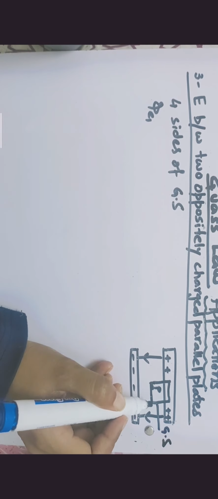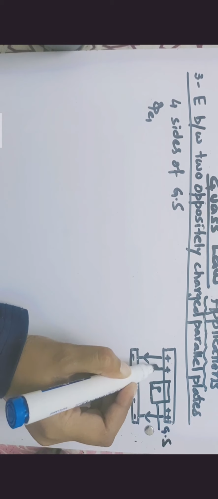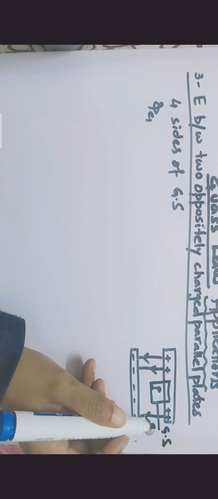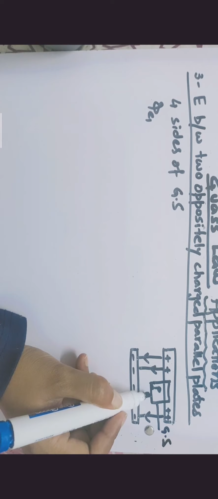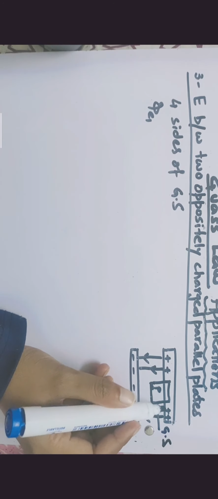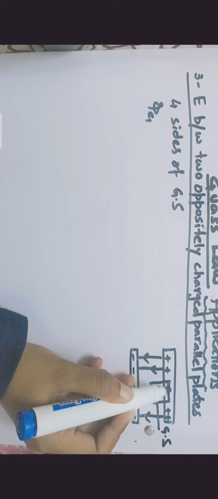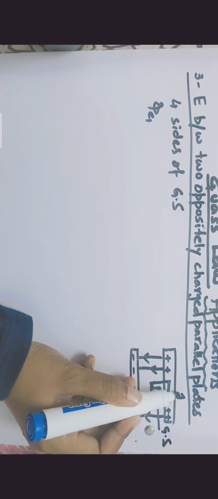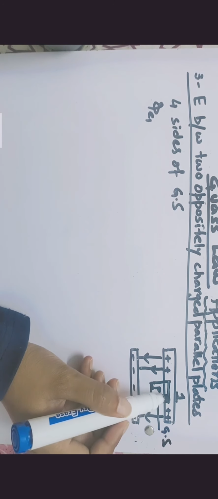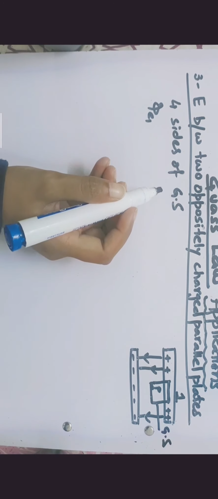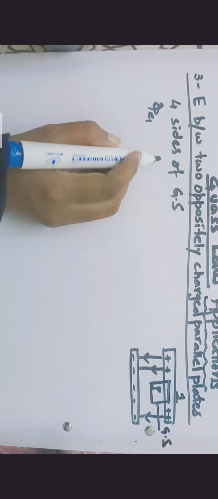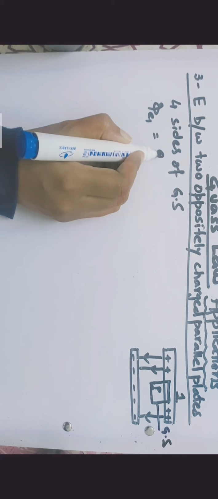For the first side, I'm going to take this one, and I'm naming it one. For this particular surface, what would be the direction of area? It is in the upward direction, right?